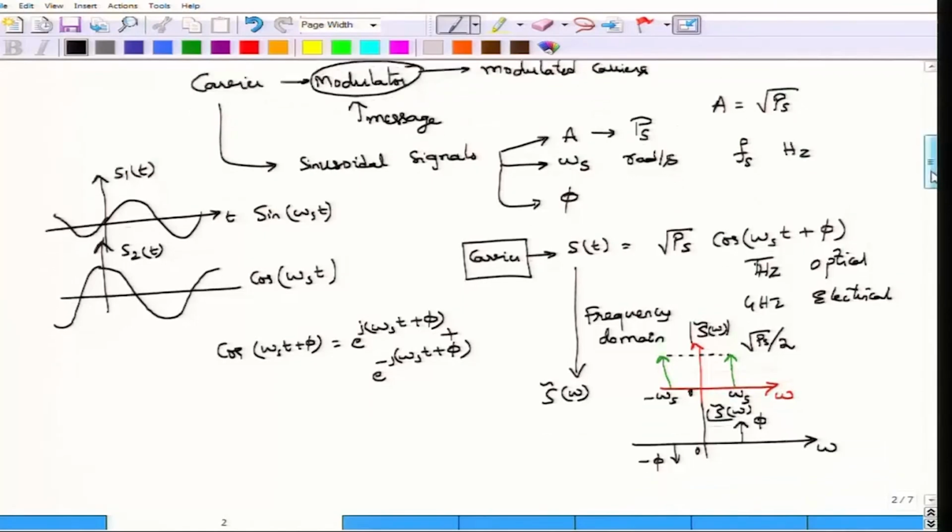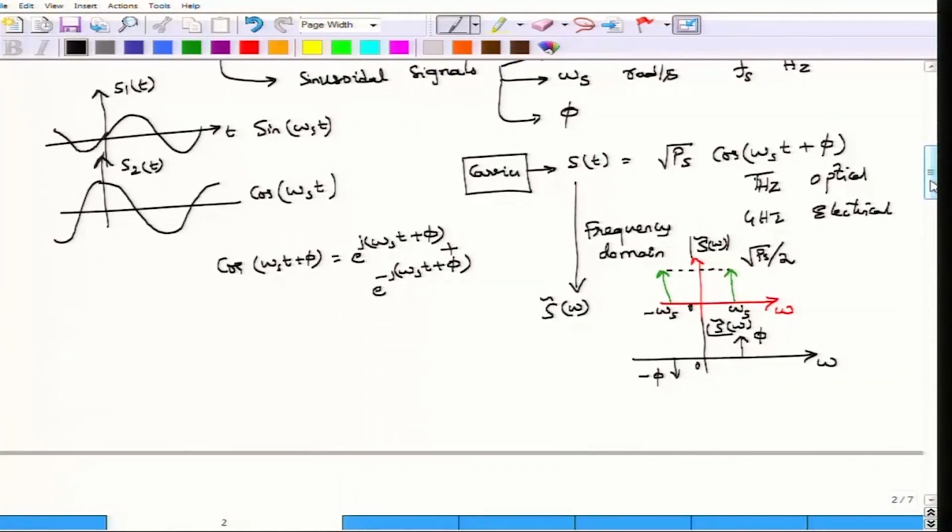Now, in our optical communication systems, this carrier is nothing but a signal or light generated by a laser. So, this is the light that is generated by a laser. We will assume that this laser is well behaved, in the sense that it is characterized by a certain power Ps, which is typically in the milliwatt region for optical communication systems, 1 to 10 milliwatt or 1 to 20 milliwatt depending on the lengths that you require.